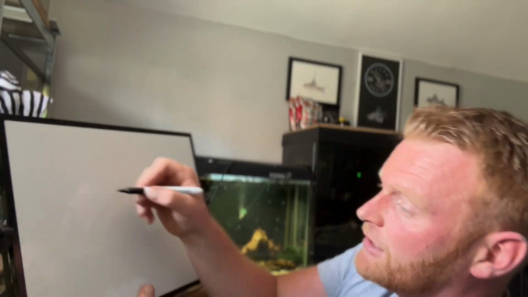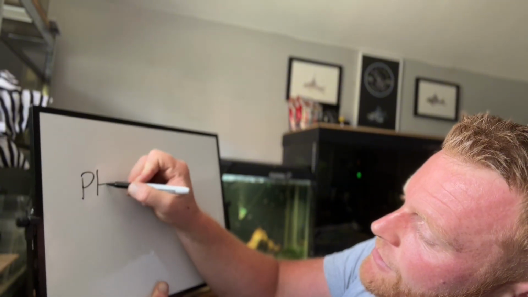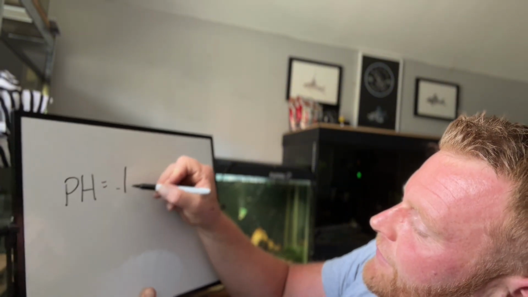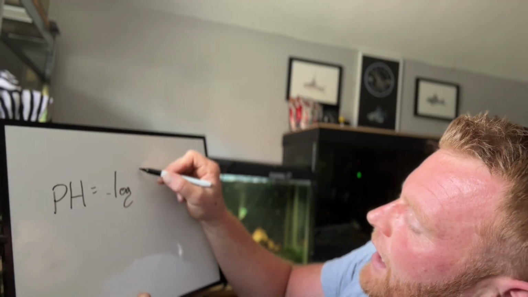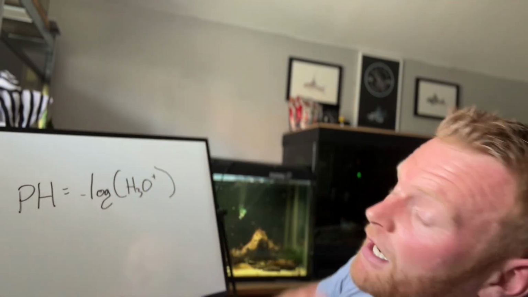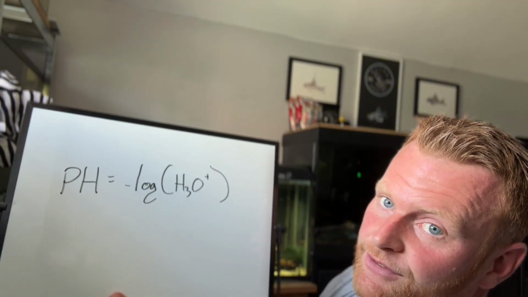Now, to work out those numbers, to find your pH, you would negative log H3O plus, which is our hydronium ion.